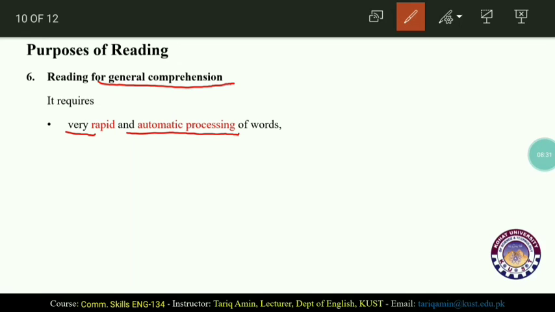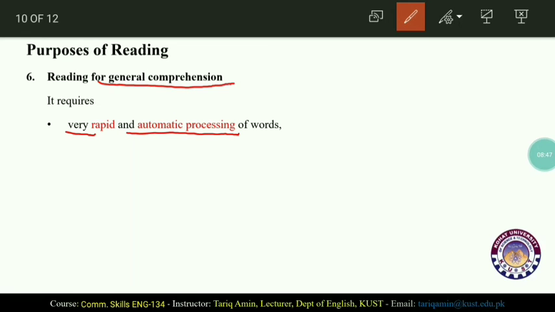For example, I'm a student and my area is linguistics, but I select a topic for my general understanding from biology, physics or maths.